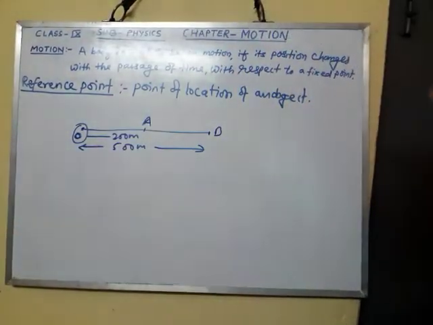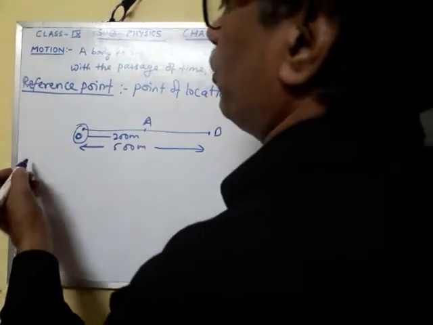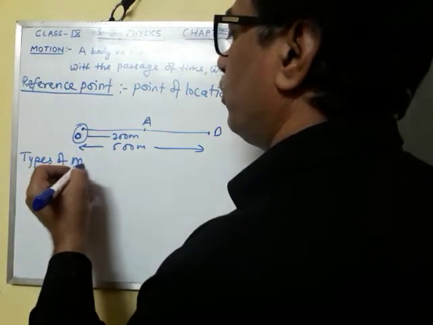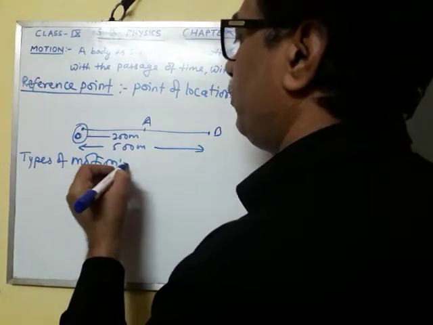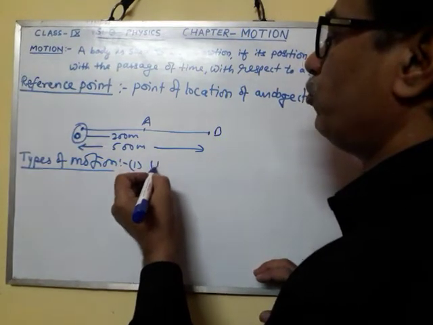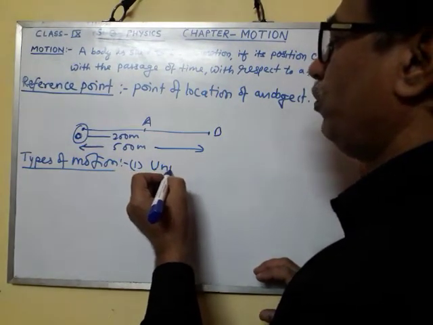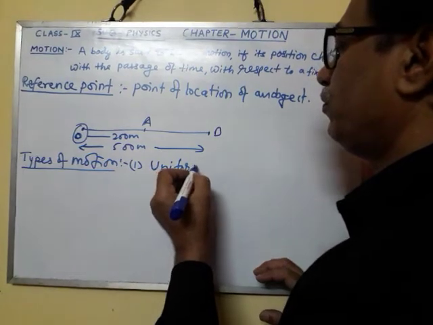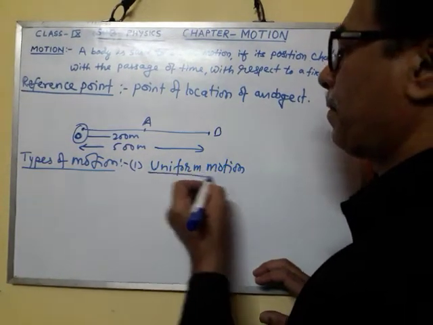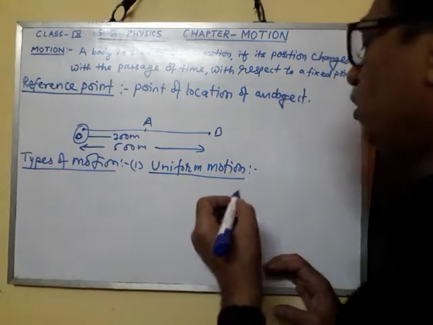Next is types of motion. First is uniform motion. What is uniform motion?